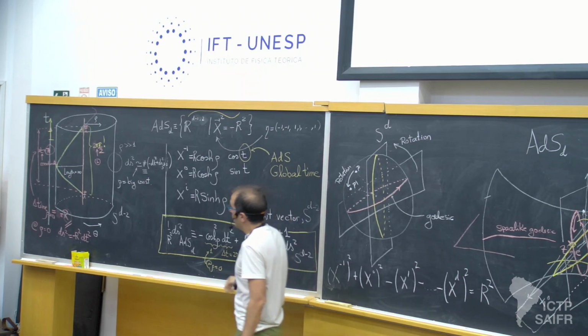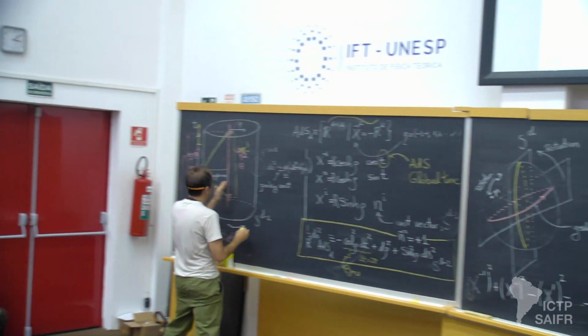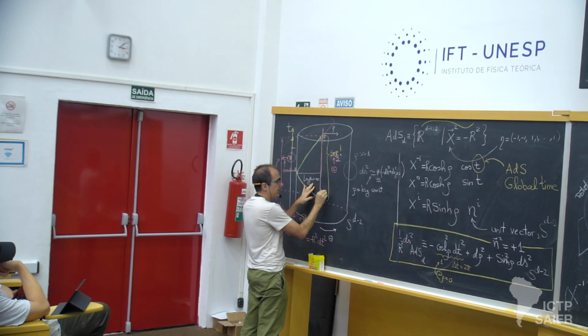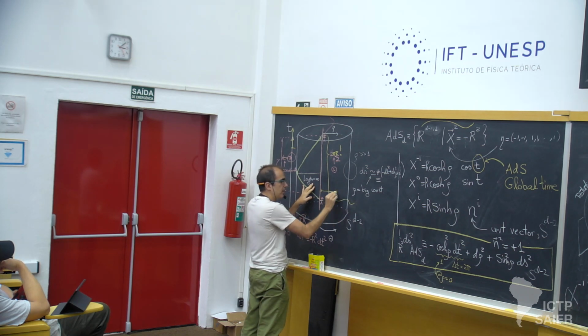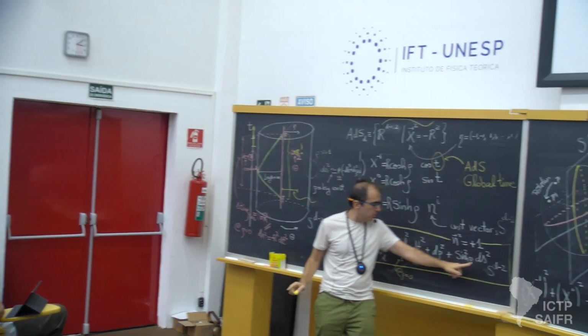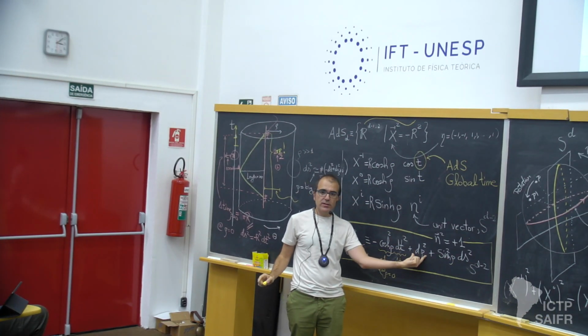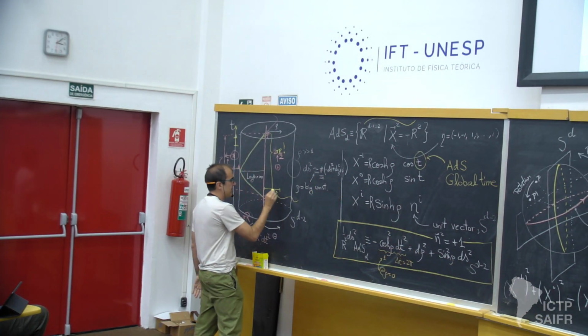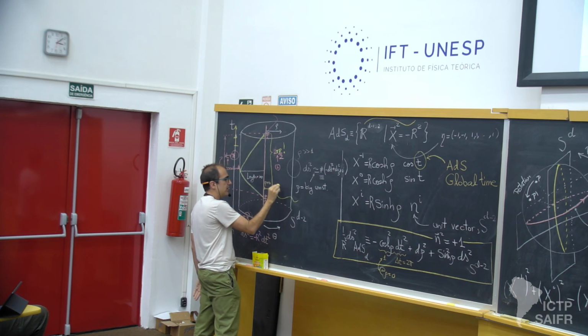But how do you measure? It depends. A way of defining a proper length here, for example, if I want the length from here to here, in this length, what is changing in the metric? Time is not moving, the angle is not moving, so only rho is moving. So what would be the distance here, if this is rho equals 0 and this is rho equals rho star?